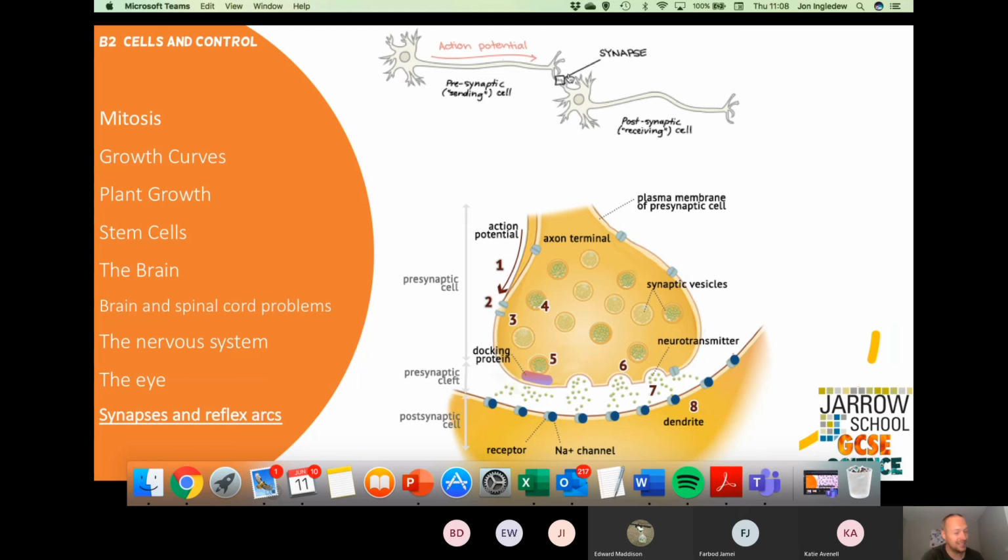What could get asked in your exams is differences between nerves and electrical circuits. In electrical circuits, the current can go the other way. Nerve impulses can only go one way, and that is largely due to the synapse.